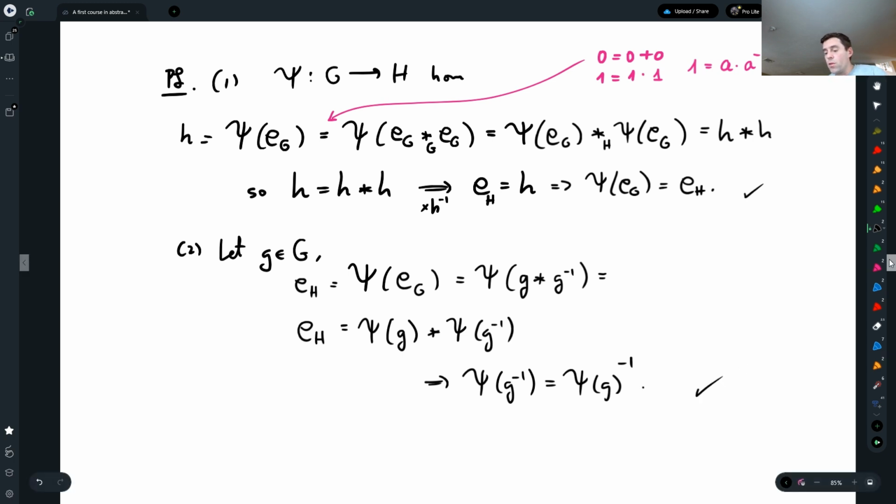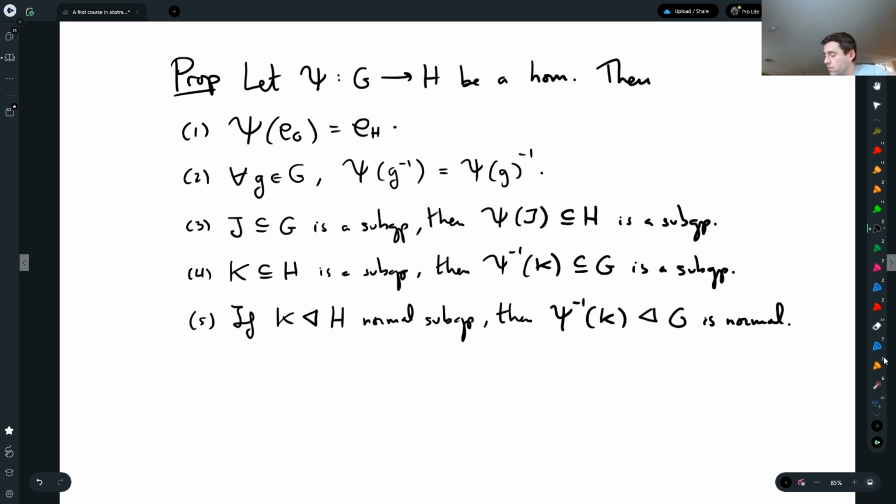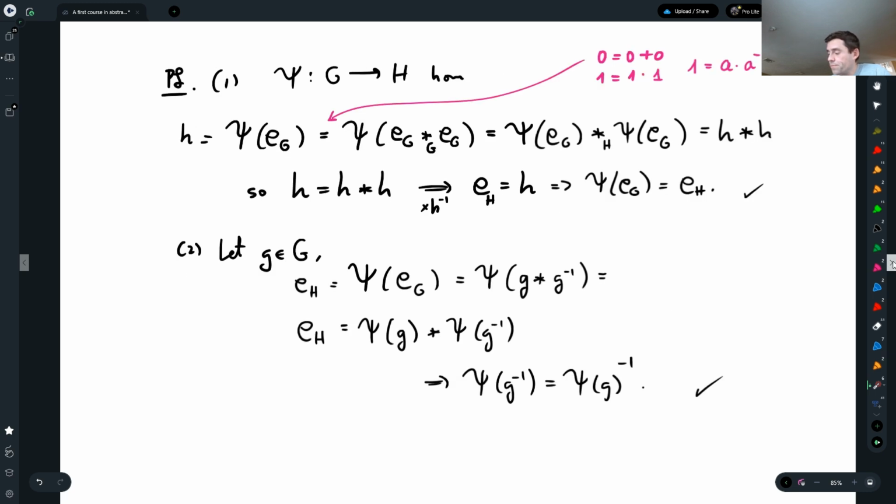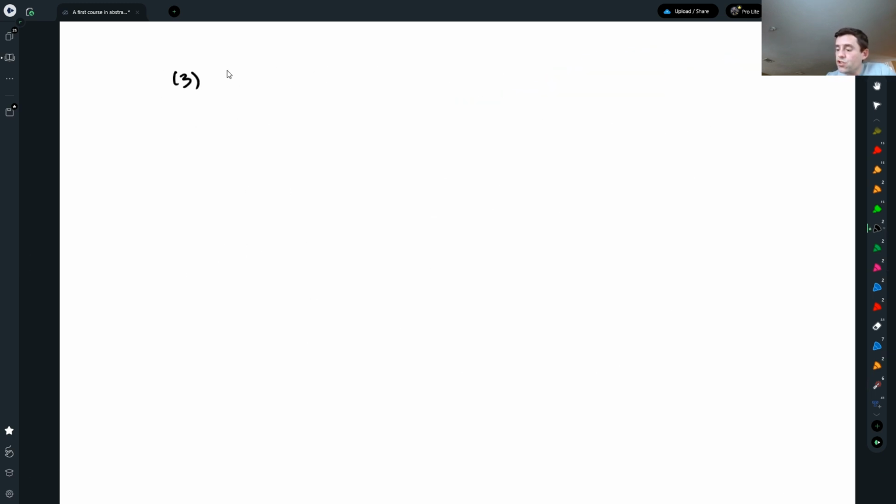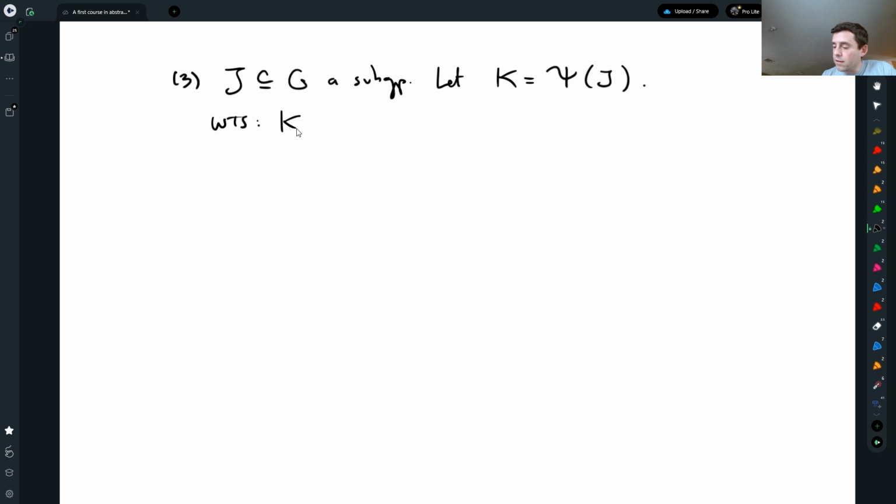Okay. What is the third property? Let's go back to the statements. The third thing I want to prove is this, that if I have a subgroup, the image is a subgroup. Part 3, let J be a subgroup, and let K be the image of J. I want to show that K is a subgroup of H, and remember that the criterion for something being a subgroup is the following.